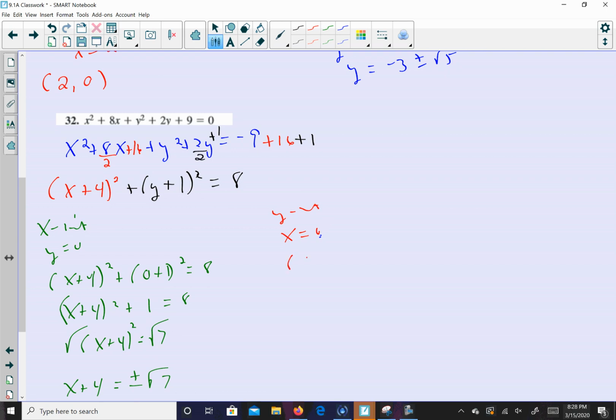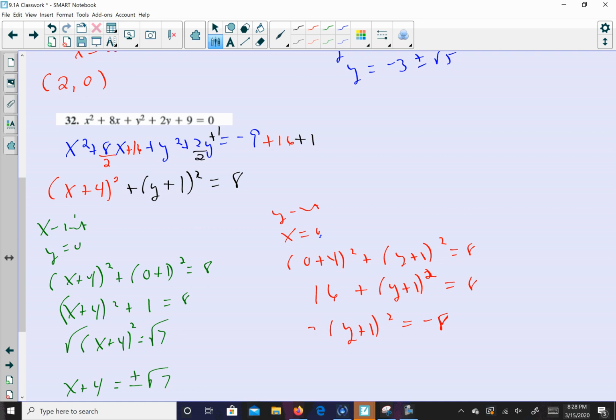So I'm going to have 0 plus 4 squared plus y plus 1 squared is equal to 8. 4 squared is 16, so I'm going to have 16 plus y plus 1 squared is equal to 8. Subtract 16 from both sides, and I'm going to have y plus 1 squared is equal to negative 8.